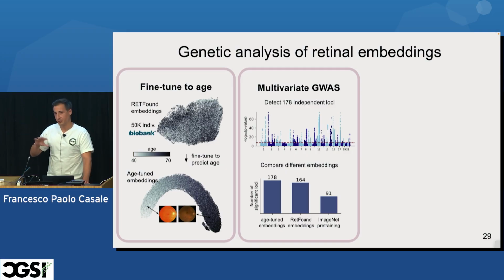But in this work, we spend a bit more time understanding and comparing different encodings and embeddings. So we compare the model where we do age tuning versus the model where you would not tune versus, say, just ImageNet pre-training.